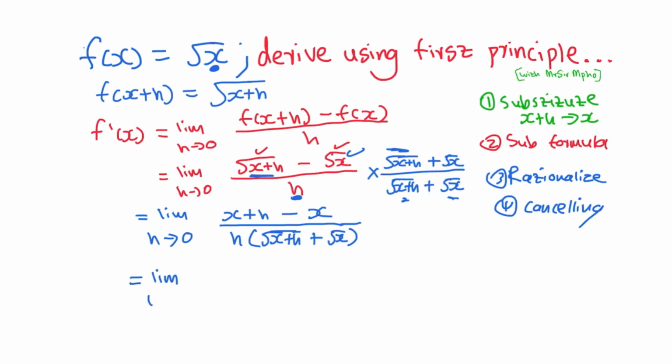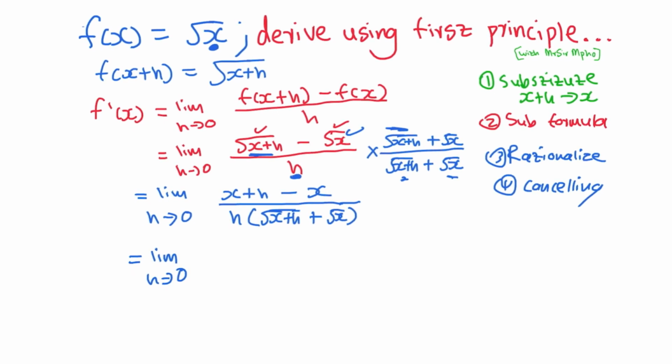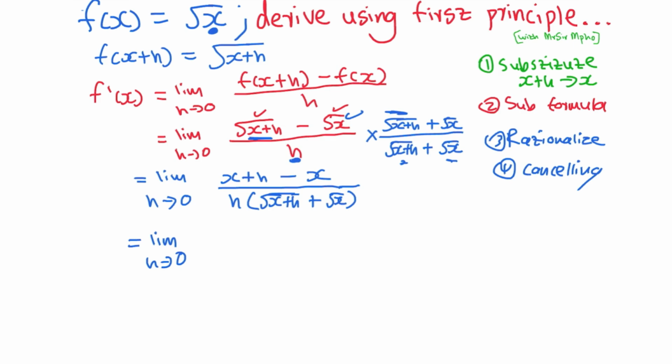So let's see what I'm going to cancel now. I'm going to say limit as h approaches 0, right? If you haven't noticed, x and x cancel each other. We call it additive inverse. Additive inverses are the same numbers or same expressions that have different signs, right? X is positive, the other one is negative. They cancel each other. They give you 0.